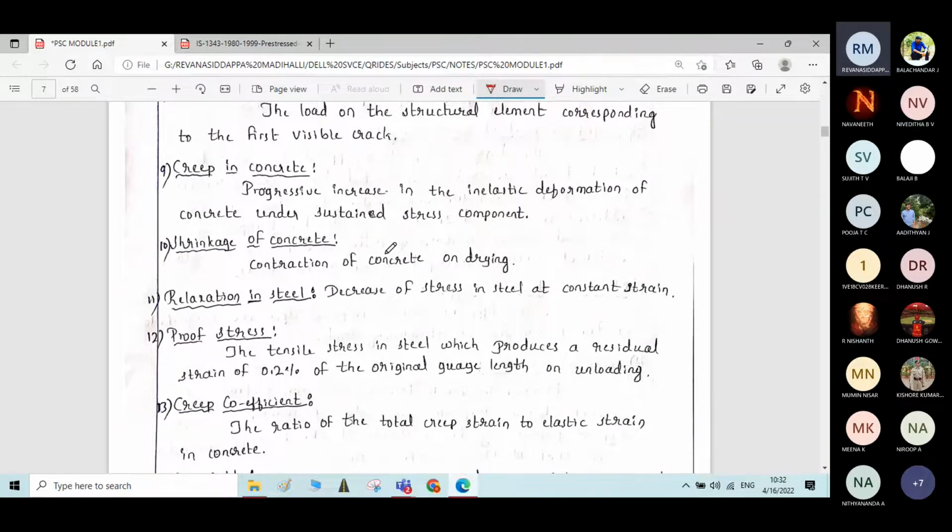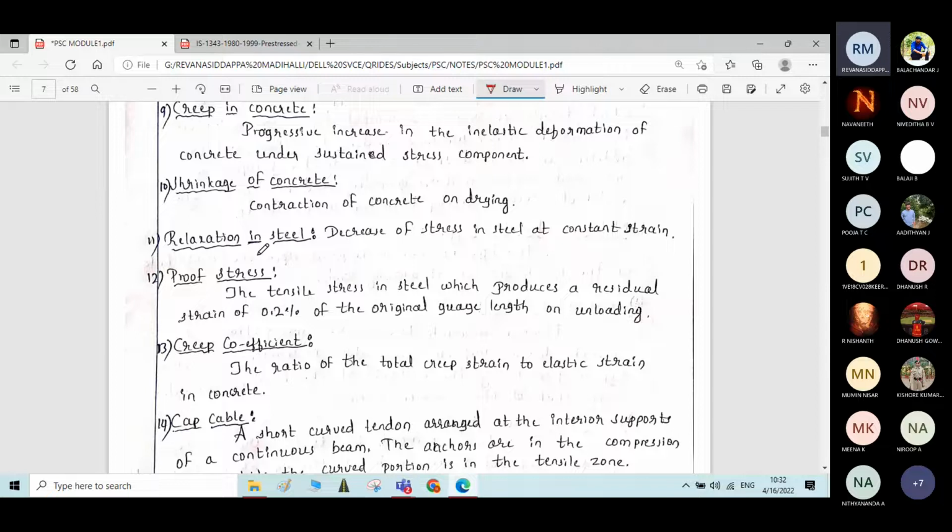Then coming to the next terminology, relaxation in steel. What is the meaning of relaxation in steel? If you remember the stress strain characteristics of a mild steel, there is a certain point where, without increasing the stress, there will be increase in the strain of the mild steel bar, correct?